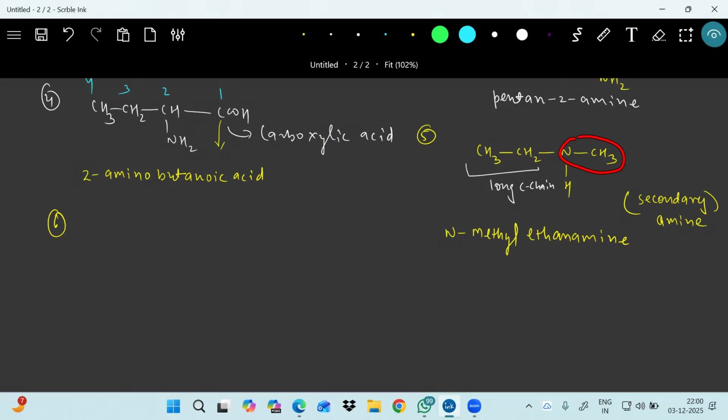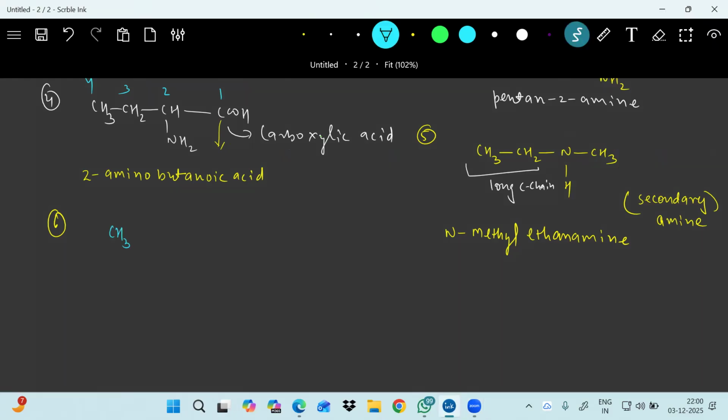But directly we can write methylethanamine, right? No, because this methyl group is attached to the nitrogen, so you have to write N-methyl. See the second example, then it will be clear.